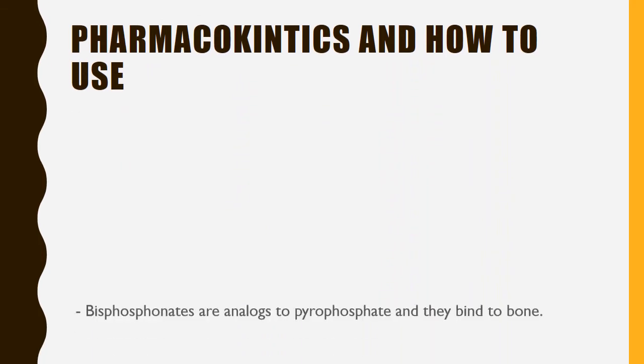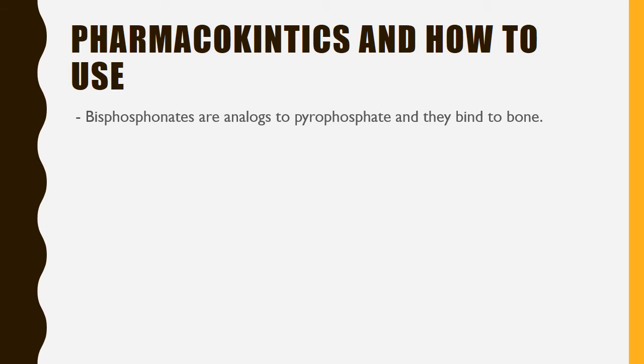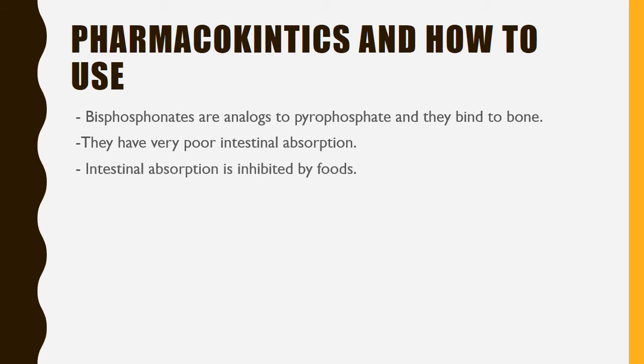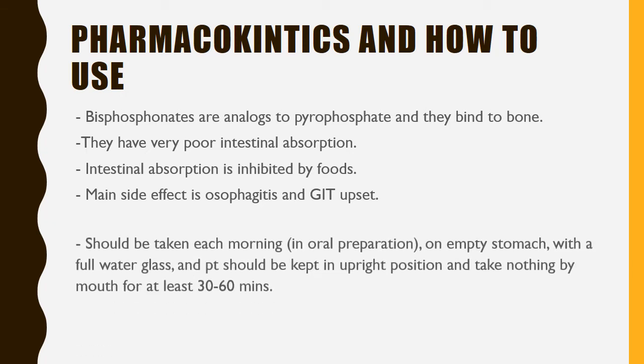Pharmacokinetics and how to use. Bisphosphonates are analogues of pyrophosphate and they bind to bone. They adsorb to the bone. They have very poor intestinal absorption. Intestinal absorption is inhibited by foods, so it is taken on an empty stomach. The main side effects are esophagitis and GIT upset.